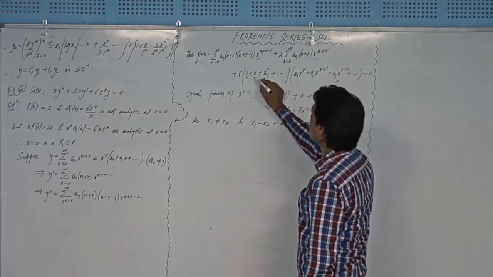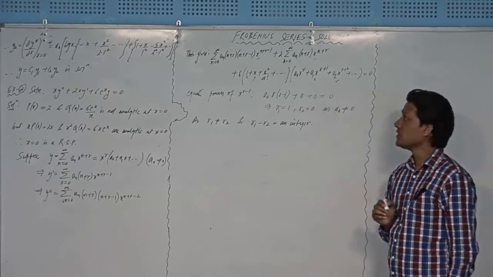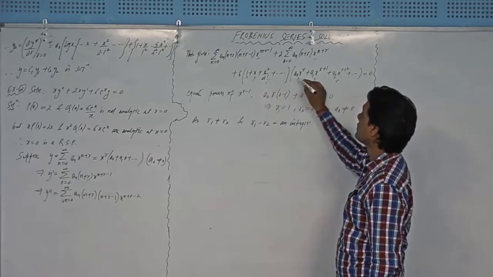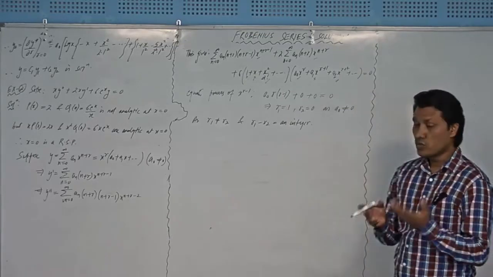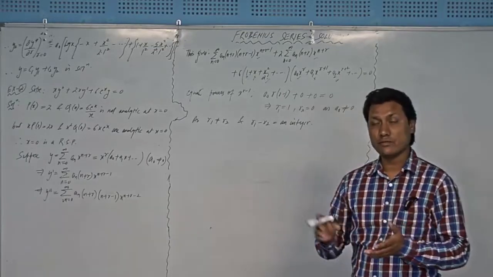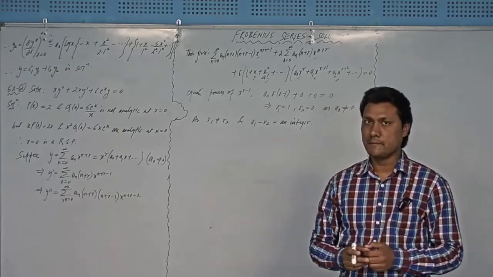You have to multiply this second term with this term, and the third term with the first term, in order to get x to the power r plus 2. So you can see that to obtain x to the power r plus 2, you have to do 3 multiplications, and then the coefficient becomes big, right?